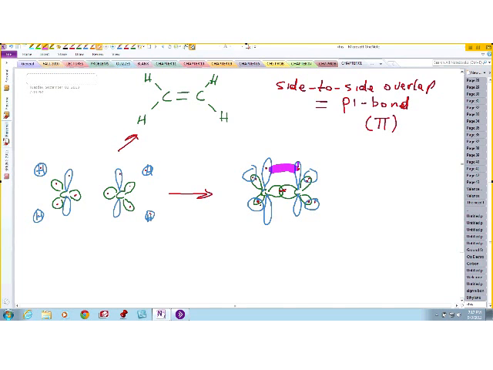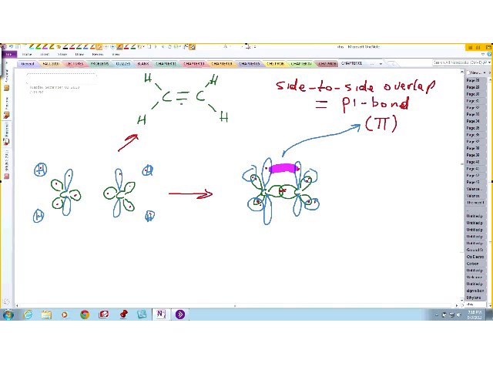This is very important when we get to chemical reactions, because those pi electrons are going to be very, very reactive. Okay? So now we have a side-to-side overlap, which we refer to as a pi bond. And that is how we get it.